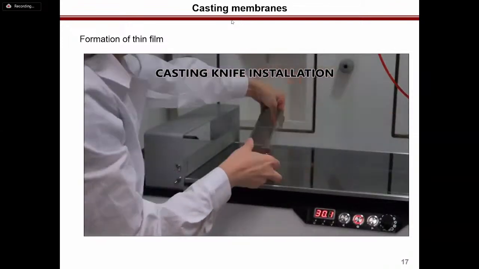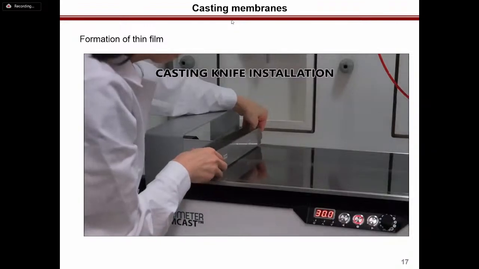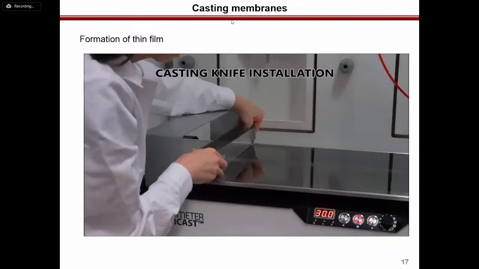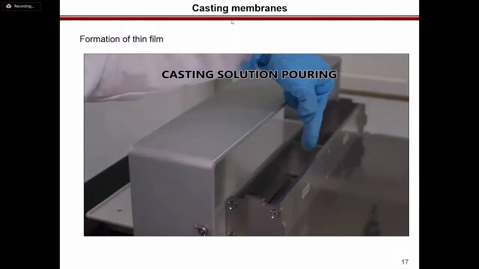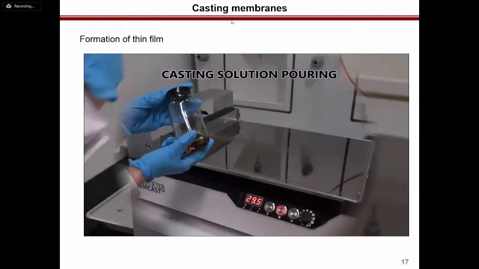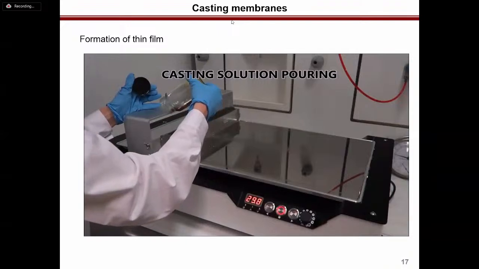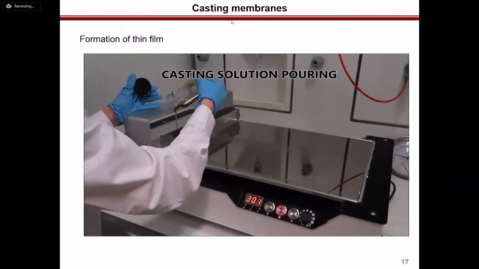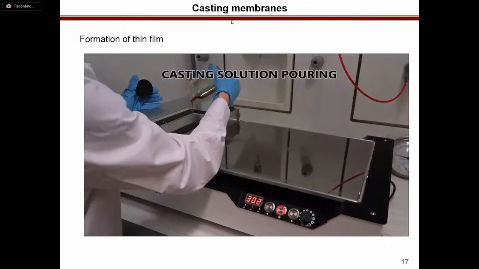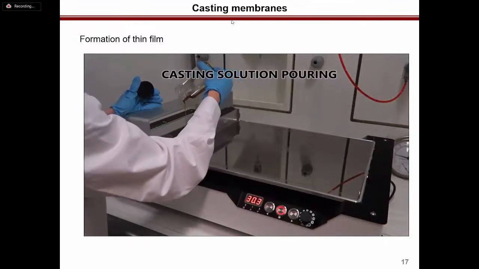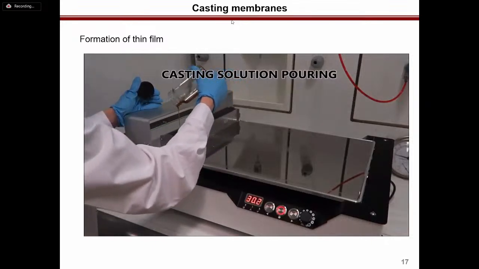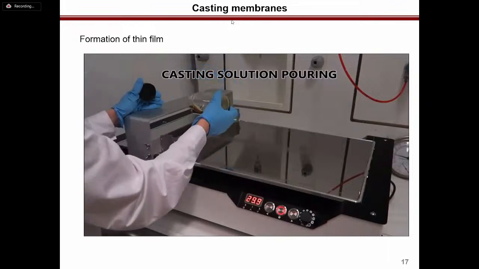Once you have it like this, you can simply pour it. So that's a polymer solution. You have the backbone that you dissolve in a certain solvent, and then you try to cast it.